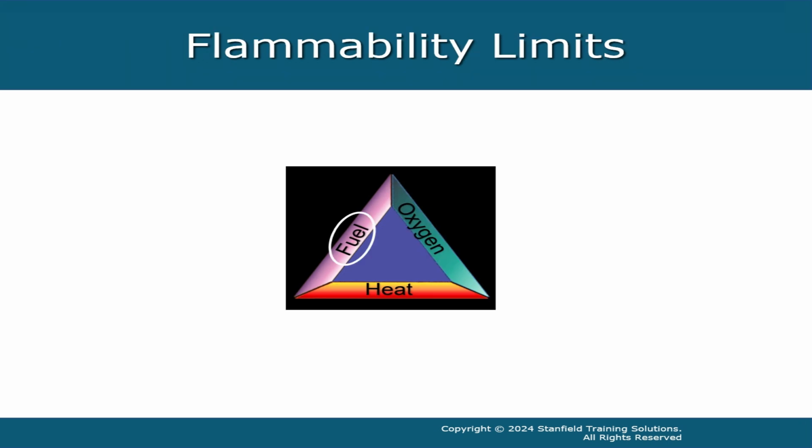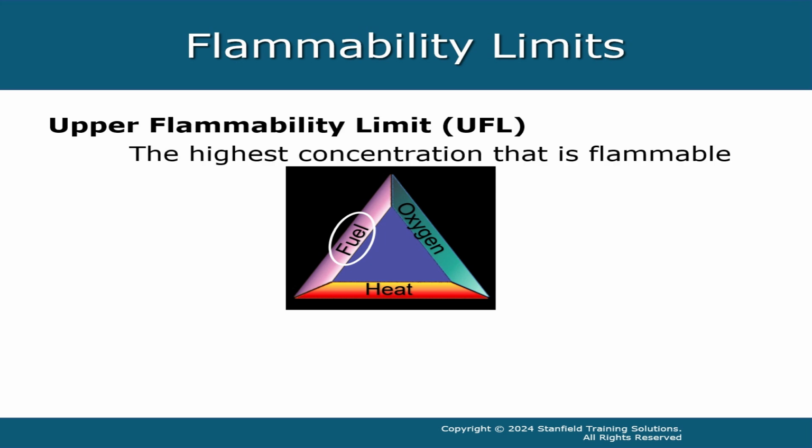First, let's talk about safety from the fuel standpoint. Flammable vapors can only be flammable within certain concentration limits. The upper flammability limit is the highest concentration of flammable vapor that will burn. Above the upper flammability limit, the fuel will not burn.